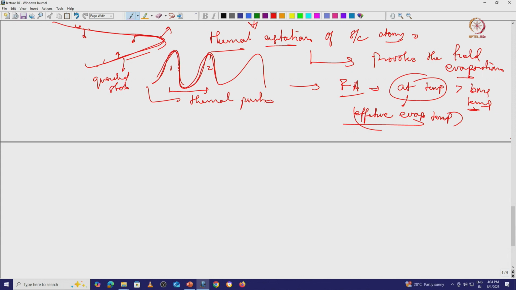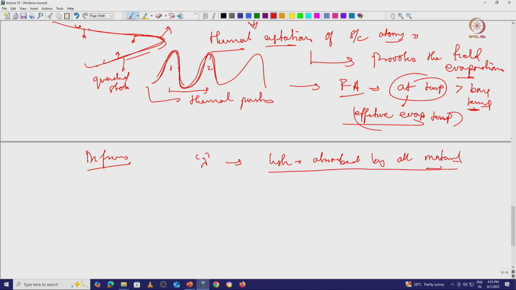So what is the difference of thermal pulsing from the HV pulsing? Based on the wavelength, the light is absorbed by all materials, correct? Whether it is a conductive material, an insulator, or a semiconductor, the light can be absorbed by all the materials, okay.